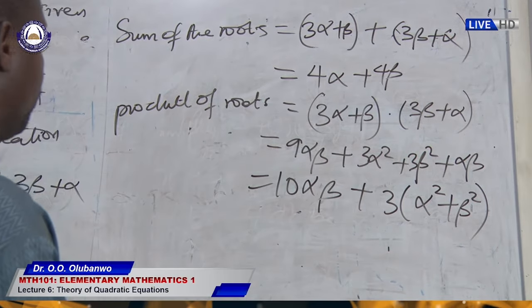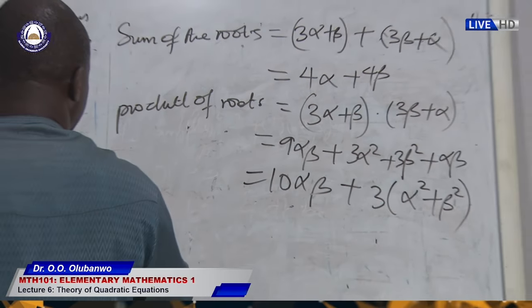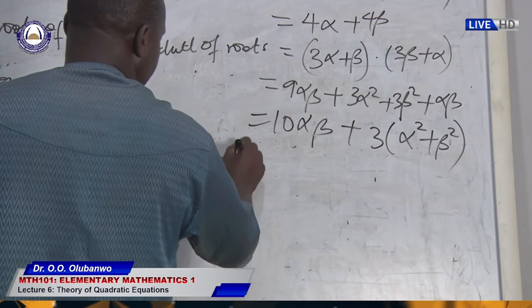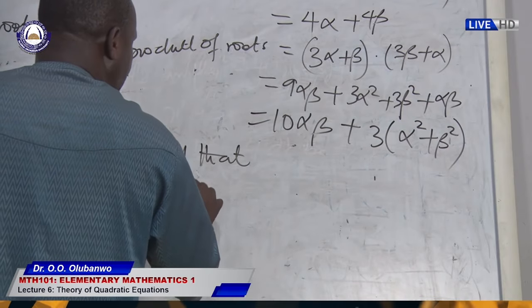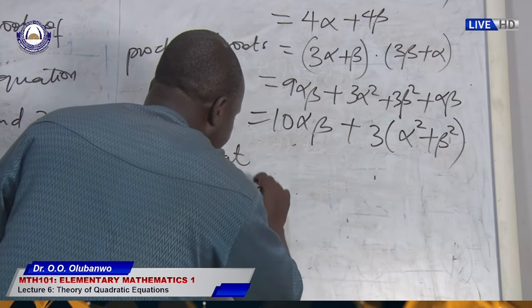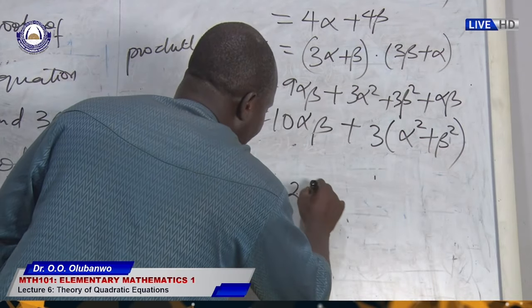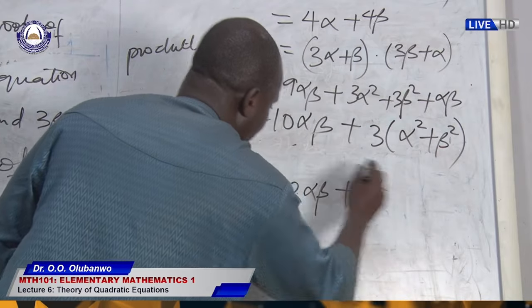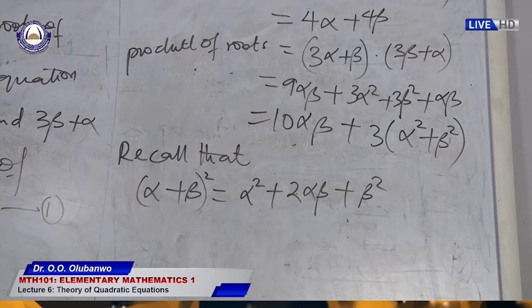Recall that alpha plus beta all squared is alpha squared plus 2 alpha beta plus beta squared.